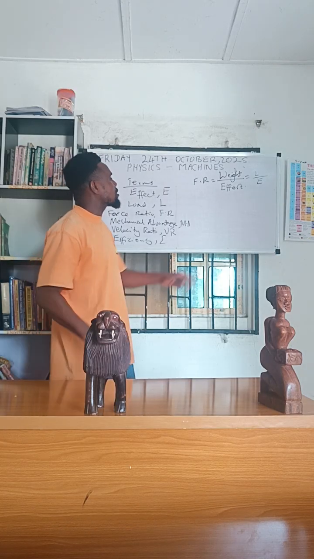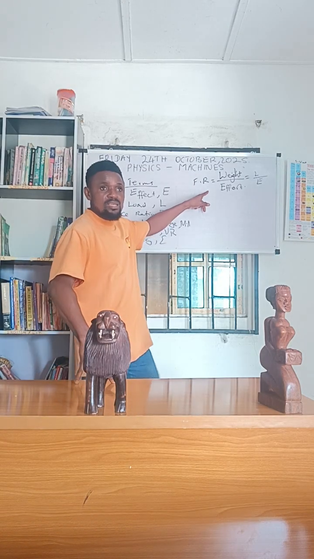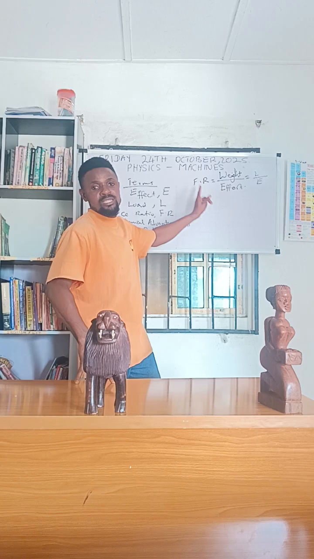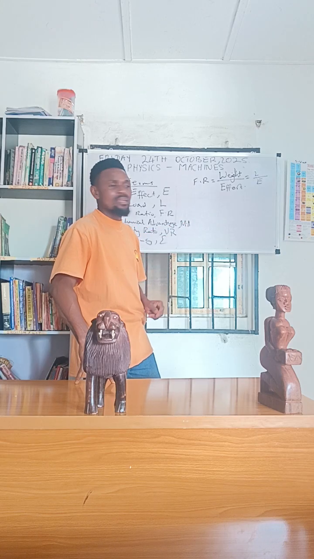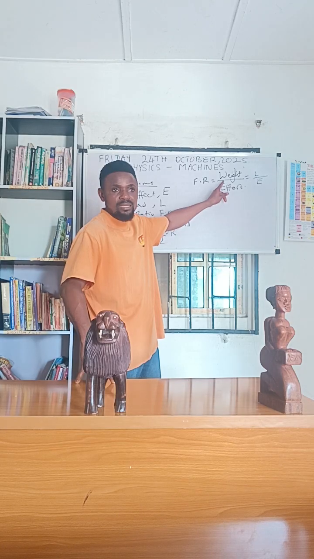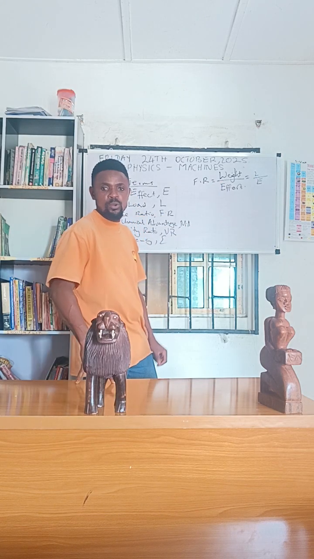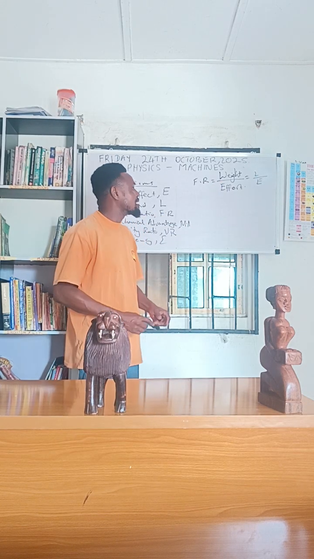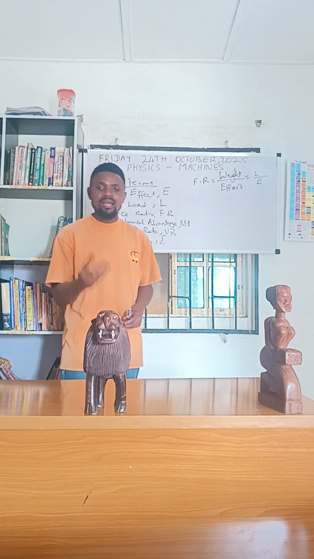Now, this force ratio, if it is greater than unity, that means if it is greater than 1, it means that the effort is less than the load or the weight to be overcome. In that case, we have what we call mechanical advantage.